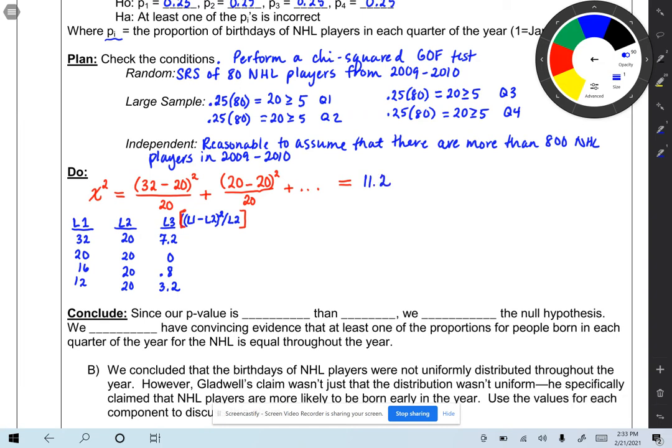And then we want to do a chi-squared CDF. So the probability to get a chi-squared statistic greater than 11.2 is equal to: lower bound 11.2, upper bound something large.